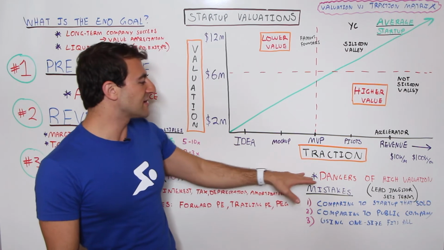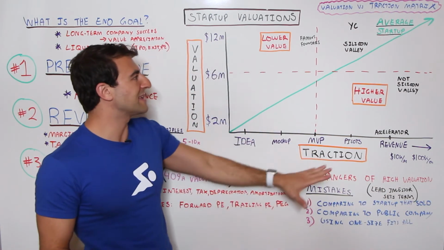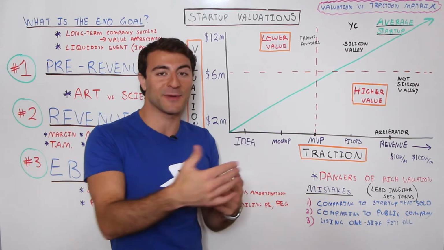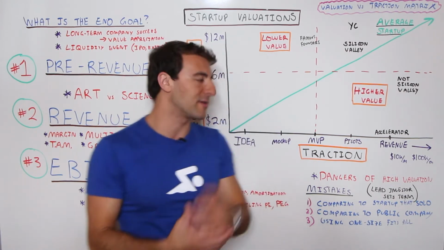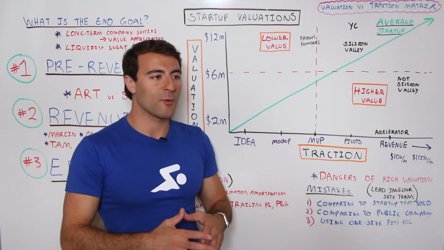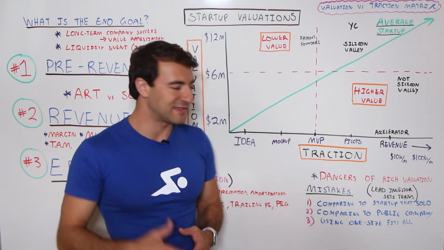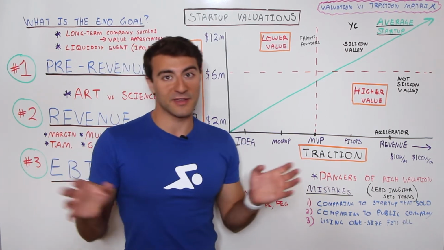Now, one of the dangers of high valuations that I didn't really talk about: obviously you don't want to invest at too high of a valuation, or the entrepreneur, because you might not get to that and you might have a down round, and the whole point of being an investor is that you see an appreciation of your investment. Also consider that the lead investor or the venture capitalists, or on Shark Tank it'd be Mark Cuban or one of these investors, they're the ones setting the valuation of the investment round.